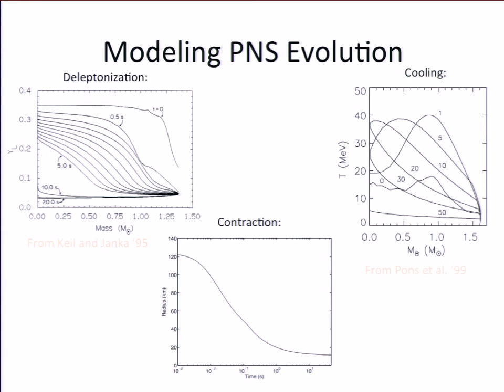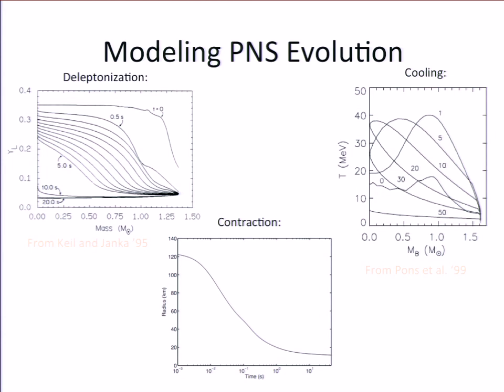So over the summer in Los Alamos, about 2 years ago now, we wrote a code that solves the TOV equations coupled to the equations of flux limited diffusion. This is some approximation to neutrino transport.